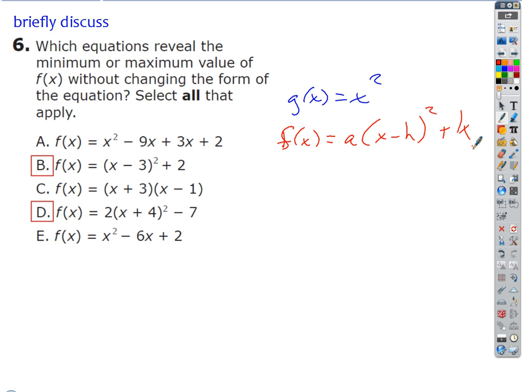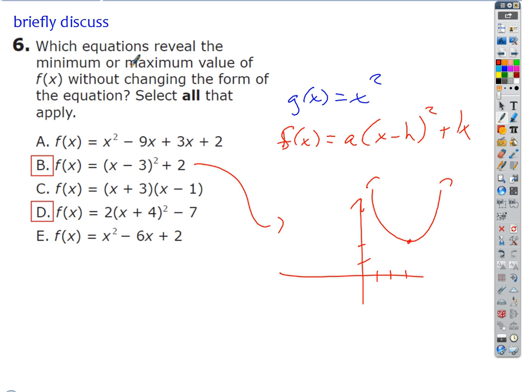So I could look at this and say, what's the value of a? 1. What's the value of h? What's the value of k? So we know what this one looks like then. That one right there would just look like the parabola with a vertex at 3, 2, and a is positive, so it opens up, right? So we could see pretty easily what the minimum or maximum value would be, minimum in this case.